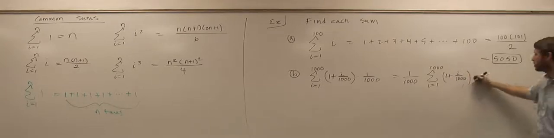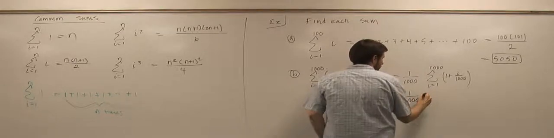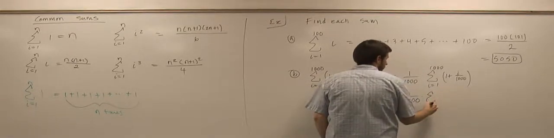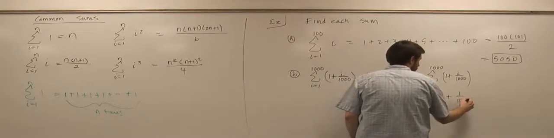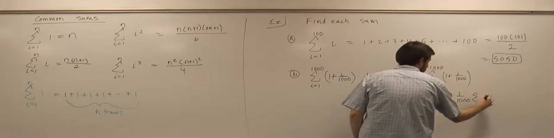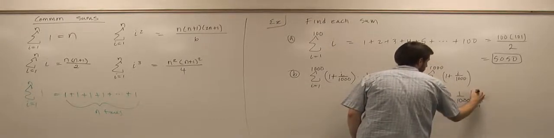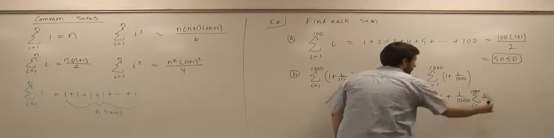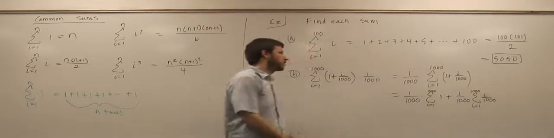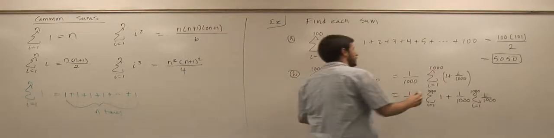So this is really 1 over 1,000 times the sum i equals 1 to 1,000 of 1, plus 1 over 1,000 times the sum i equals 1 to 1,000 of i over 1,000. You guys see what I did?